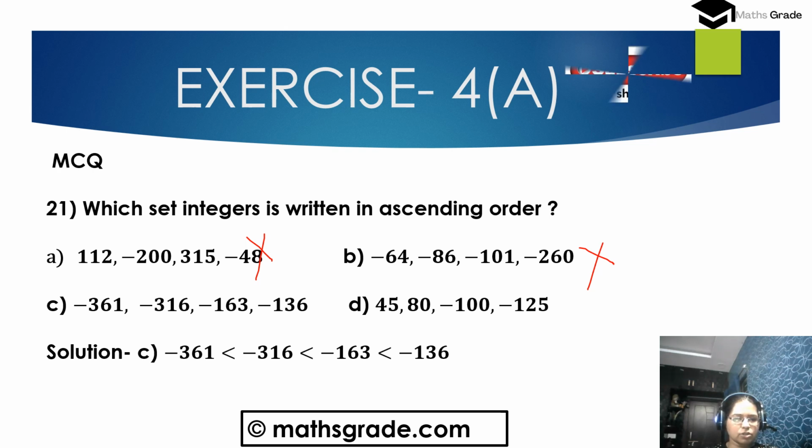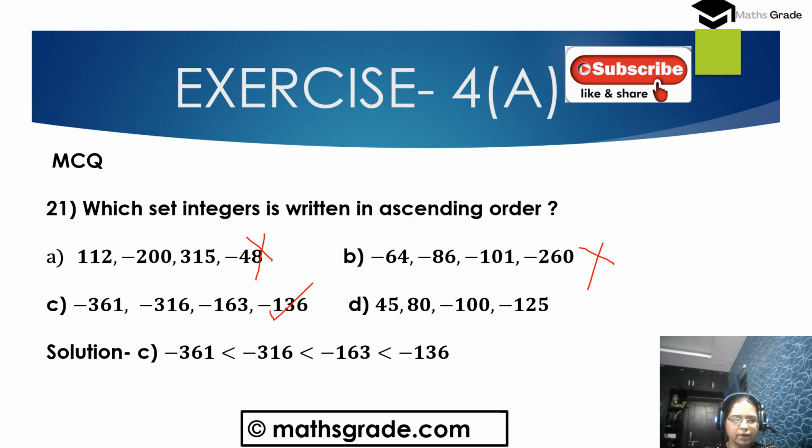Here minus 361 is the smallest negative integer, and minus 136 is the greatest negative integer. So this option is correct. As minus 361 is the smallest, then minus 316, then minus 163, then minus 136.